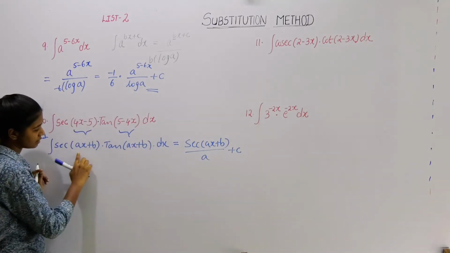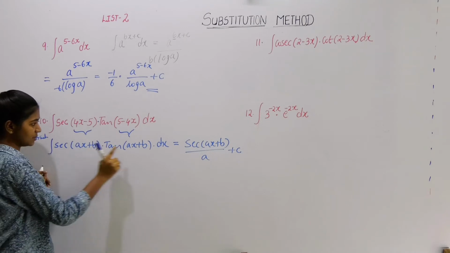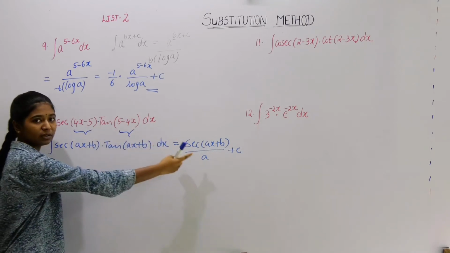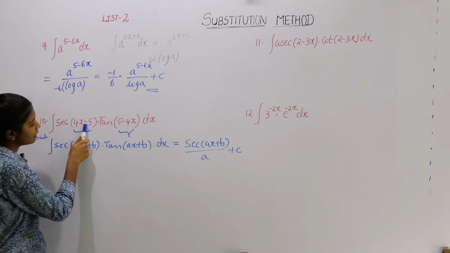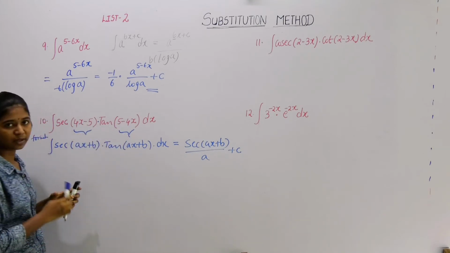When the two angles are same, that is ax plus b and ax plus b, then only we substitute this formula. But here in this case we have 4x minus 5 and 5 minus 4x.